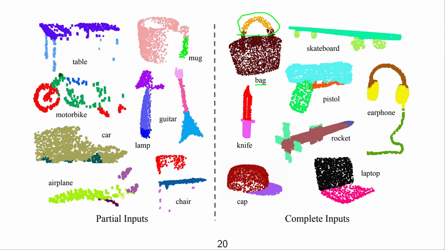One is the handle, and then the other one is the main part of the bag. Or the skateboard, we have wheels, 4 wheels, and we have the main part of the board in a slightly different shade of green. Or the earphone is segmented into 3 different classes where we have 2 regions of the yellow class.